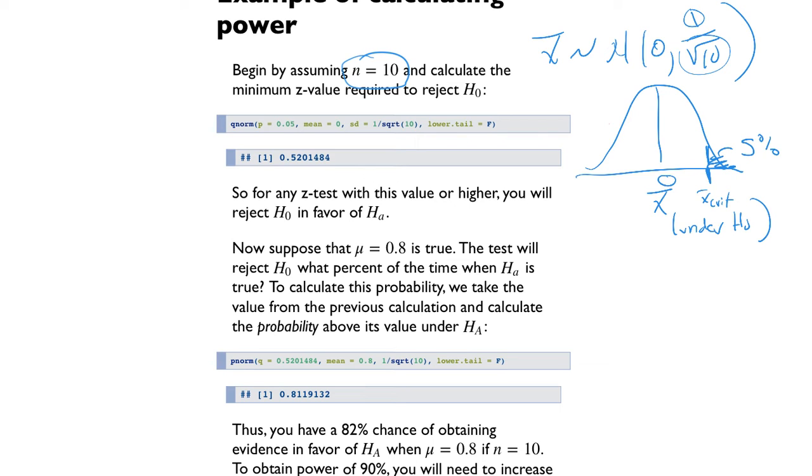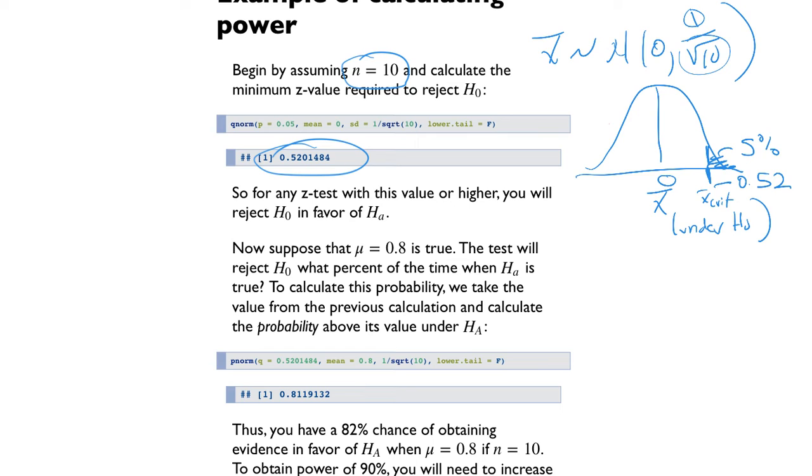And when I do that, I get 0.5201. So that would be the critical value, measured not on the test statistic, but on the actual average that you get back from your data. If you got 0.52 or less, you would fail to reject the null hypothesis. So this value here is 0.52.